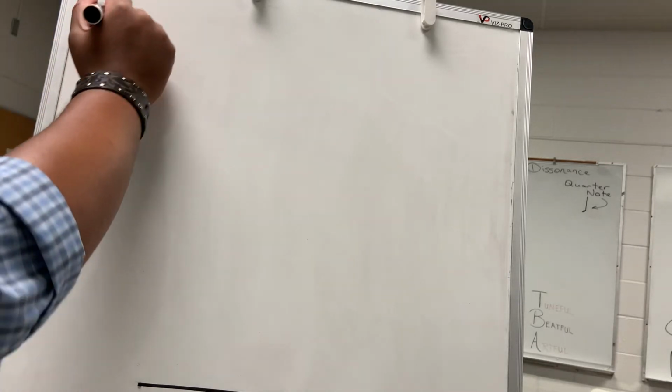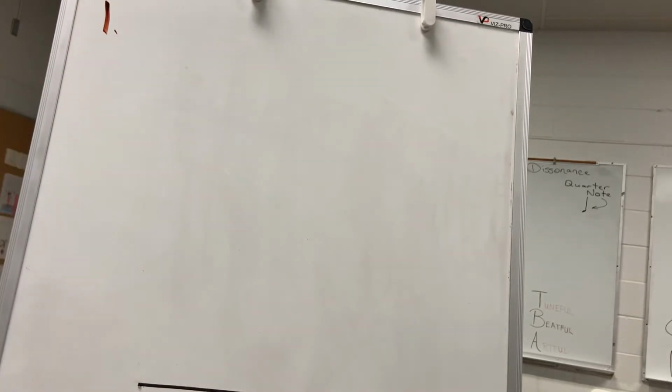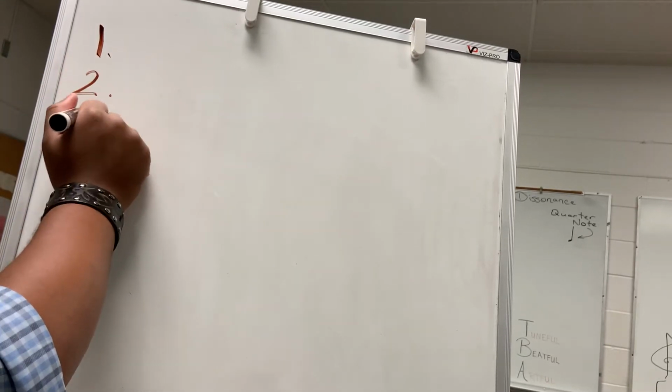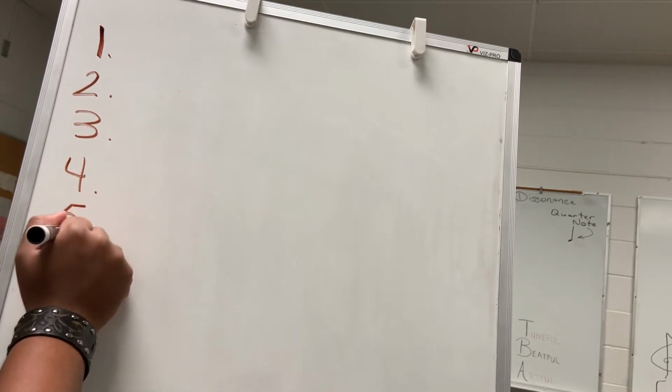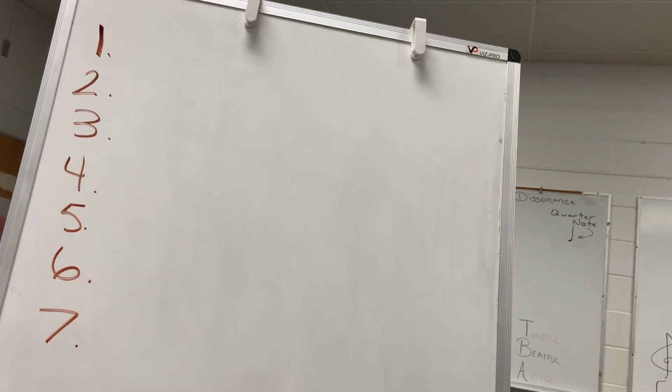Now I would like you to number your paper measures, okay? I'll show you how to do this. So you're gonna have 1, 2, 3, 4, 5, 6, and 7.